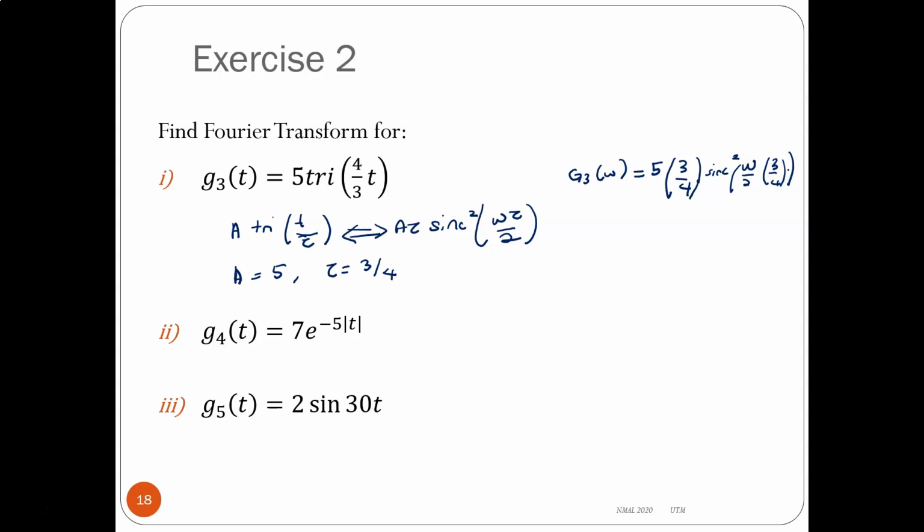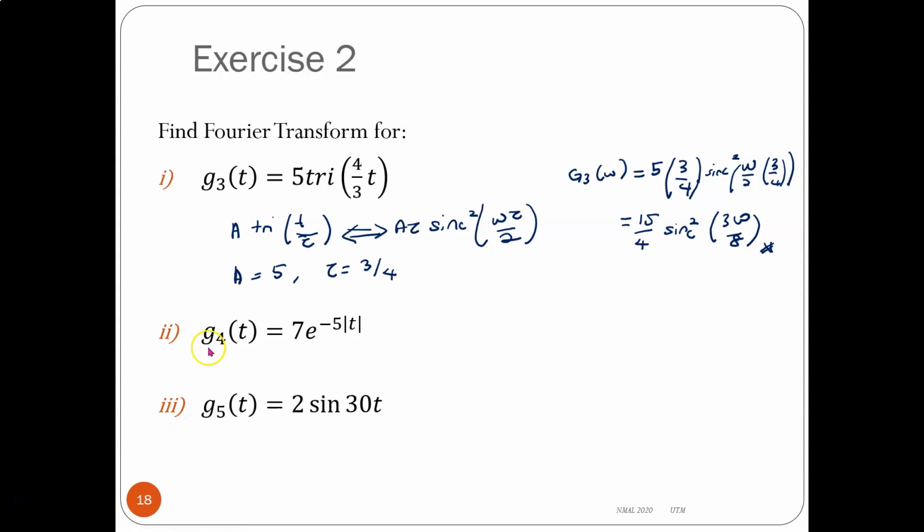As simple as that. Just put in the formula and solve. This is 15 over 4 sinc²(3ω/8). This is the answer for this tri function.